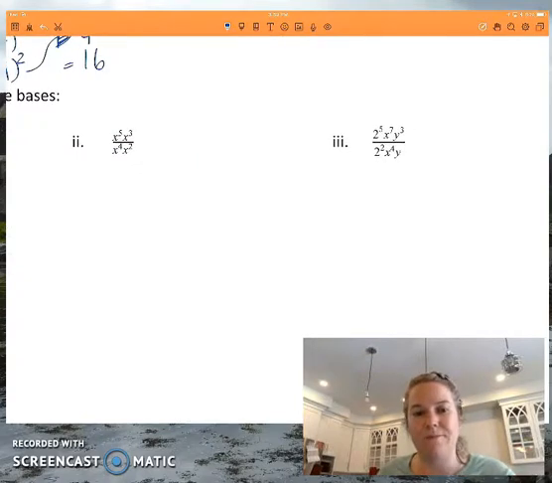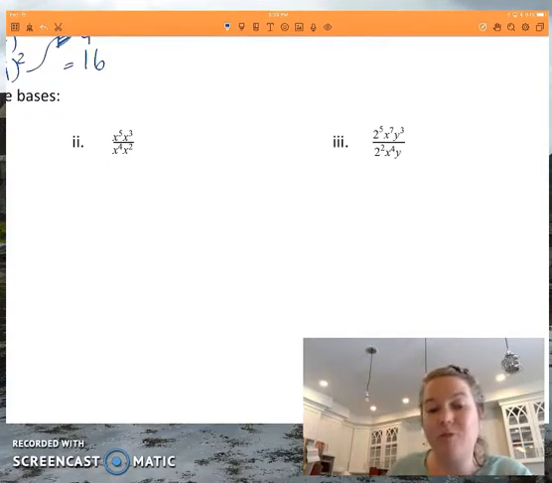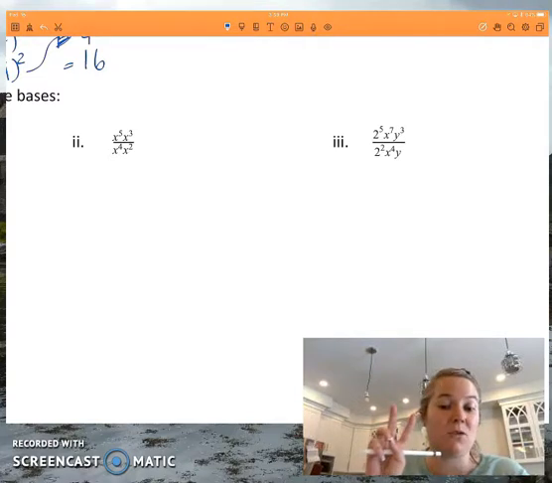Let's look at the next one. So here I actually have multiple rules happening at the same time. I have both division and the multiplication rule. So depending on how many rules are happening, it depends on how many steps I'm going to use. I'm going to use 2 steps.